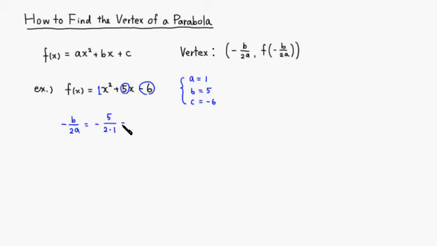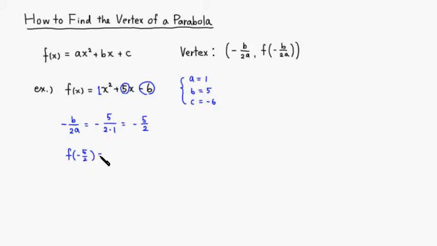So we found that the x-coordinate of the vertex is negative 5 halves. Then to find the y-coordinate, all you have to do is take the x value we just found and plug it into the original function.